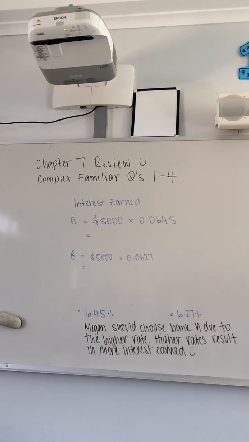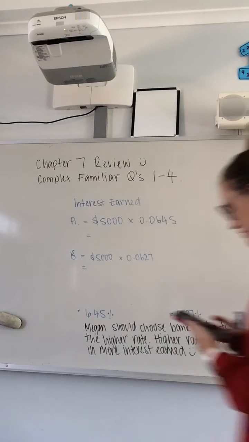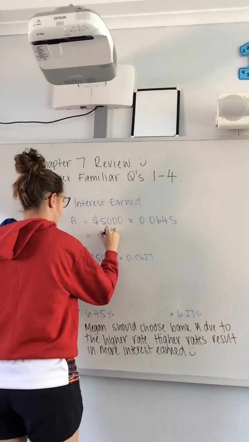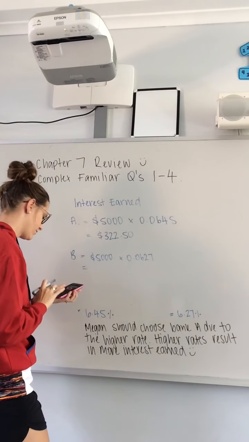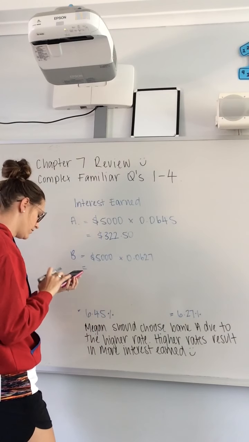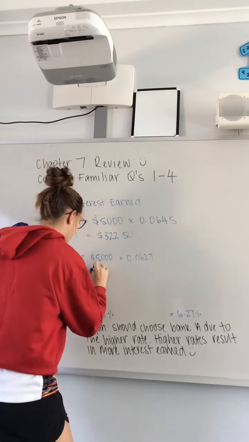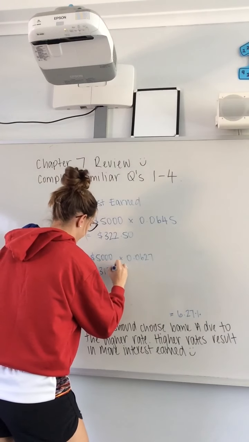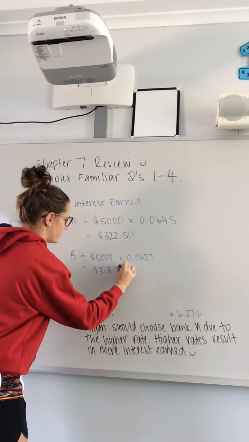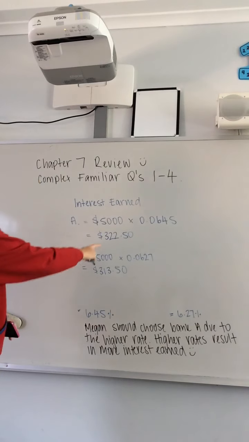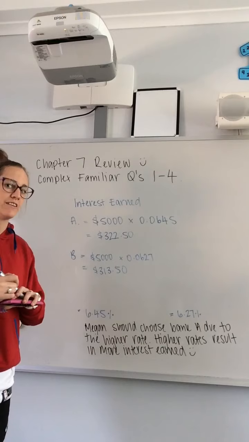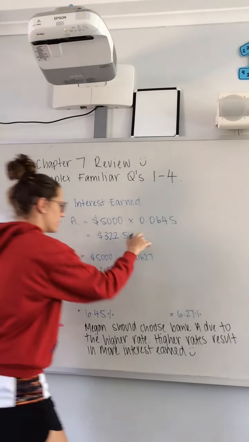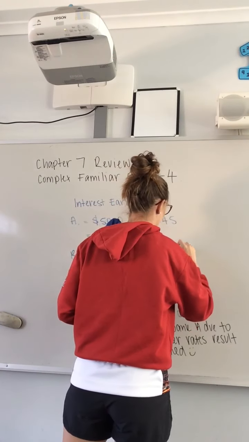We don't need to be too passive. I get $322.50. And then down here, $313.50. So obviously this is justifying that we were right before, because we do earn more interest. But remember the question said how much more interest does she earn? So I want to find the difference between these two.